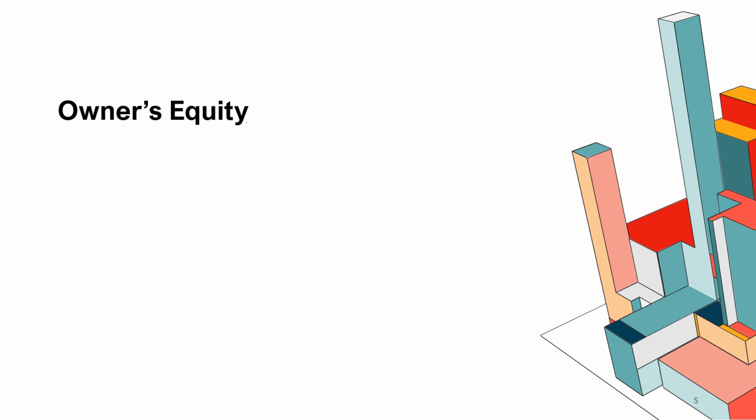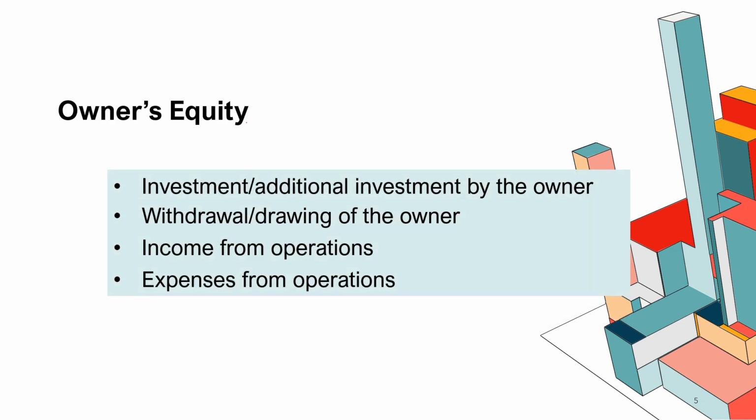Let's take a look at the owner's equity and the transactions that affect owner's equity. The question is, what items will be debited and what items or transactions will be credited? So it depends. You have to analyze the effects of these transactions on the owner's equity element.